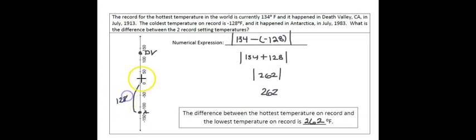And if we keep going to try to reach the other point, we have to go another 134. So you can see it pans out that this ends up adding the 2 values together and then making sure your answer comes out positive. So the difference between the hottest temperature on record and the lowest temperature on record is 262 degrees Fahrenheit.